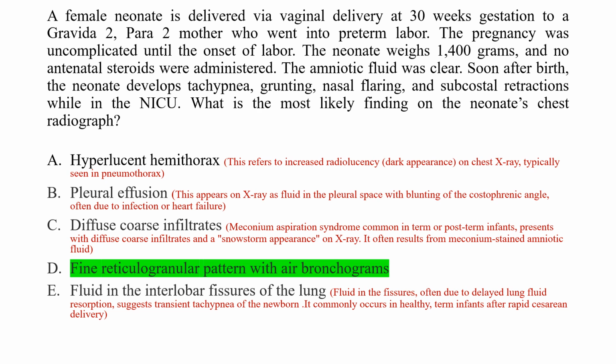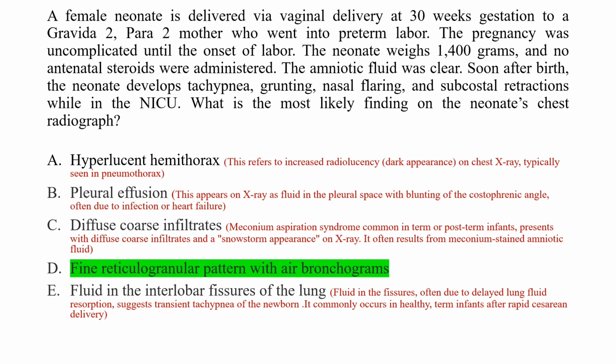And option C is incorrect because meconium aspiration syndrome typically shows diffuse coarse infiltrates on chest X-ray presenting with a snowstorm appearance. However, meconium aspiration syndrome is more common in term or post-term infants and is associated with meconium-stained amniotic fluid.